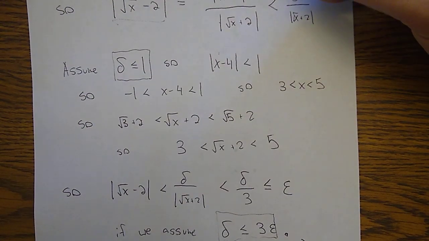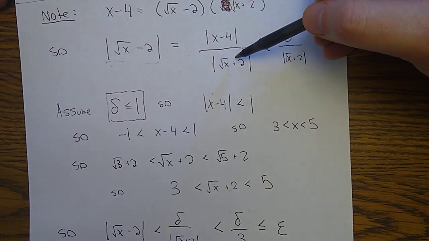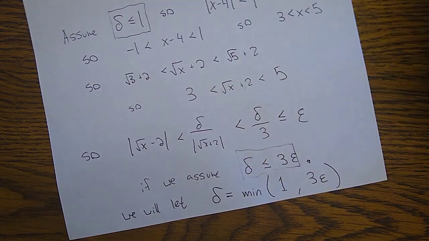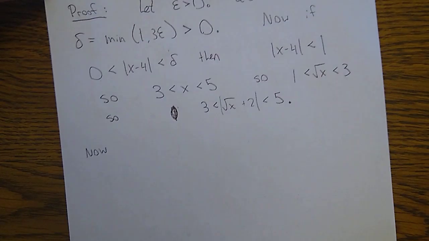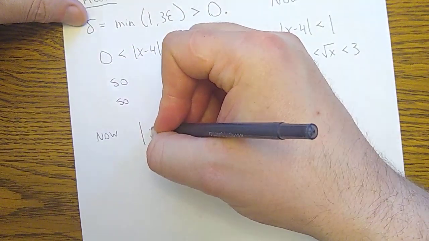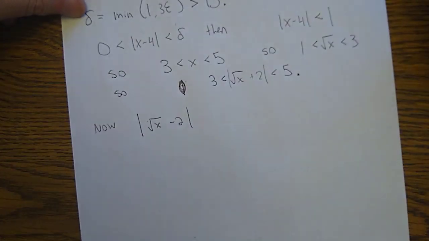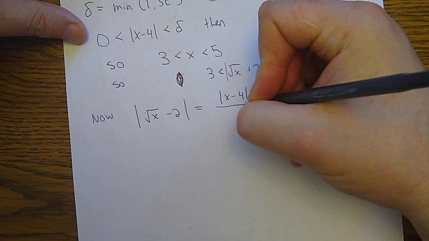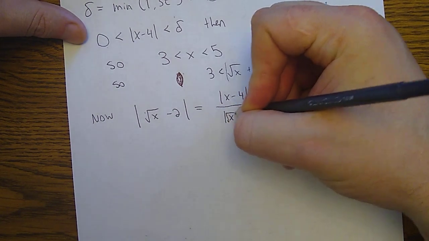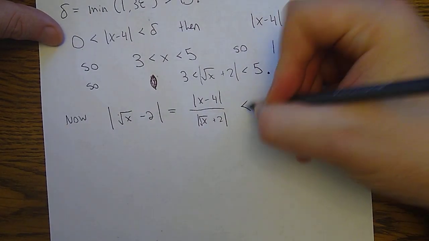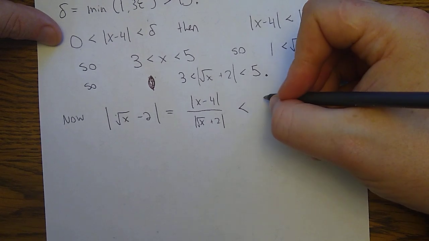Now I'm ready to go through my scratch work. I'm going to use this little algebra trick and sort of emulate what I did in the scratch work, and I'll be all set. Now, this number, which equals this number, is less than, well, the top is less than delta.